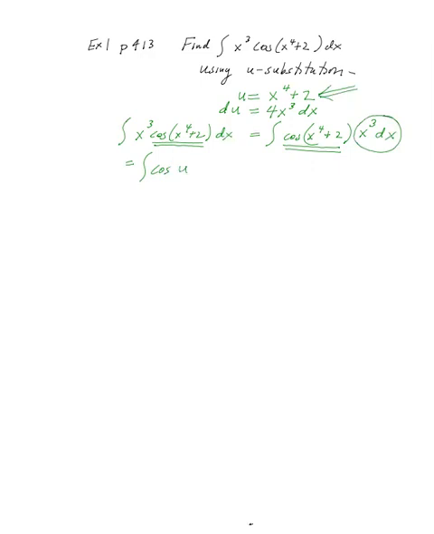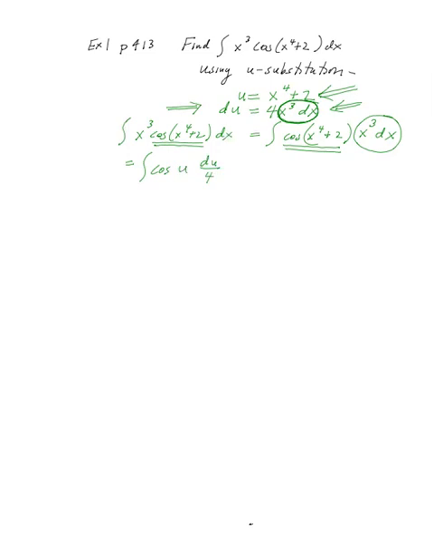I look up here at my du, and I look for x cubed dx. There it is. So what do you think x cubed dx is equal to? Divide both sides of this equation, du equals 4x cubed dx, by 4, and you get x cubed dx is du over 4.